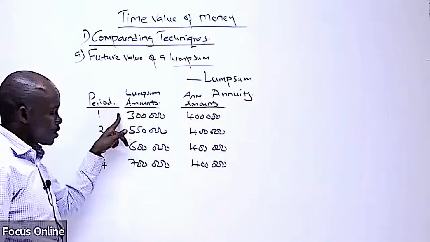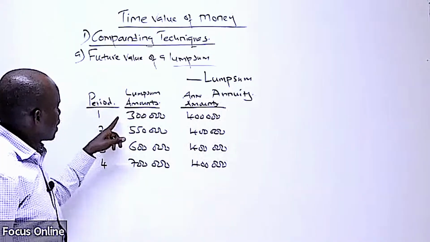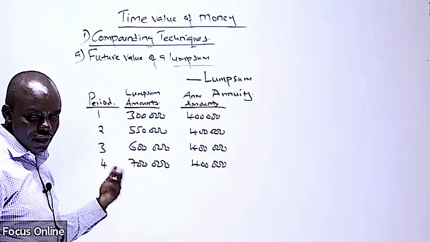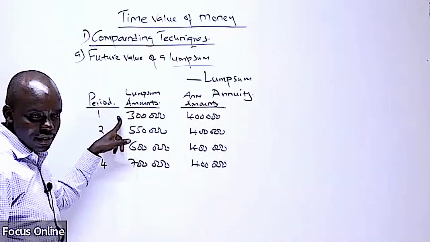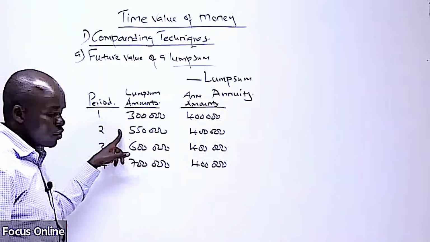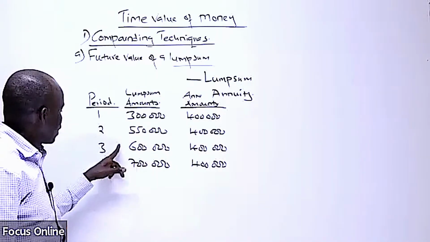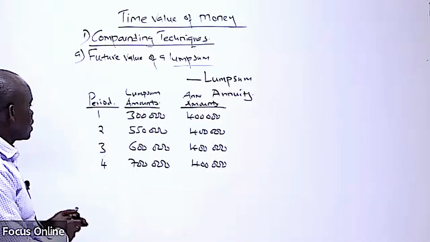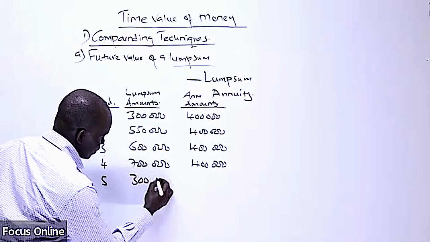Lump sum amounts are amounts received or paid once. They do not repeat themselves. For example, in year 1 you receive 300,000, in year 2 you get 550,000, year 3, 600,000, year 4, 700,000, and maybe year 5, 300,000.